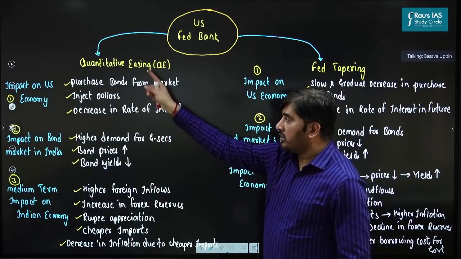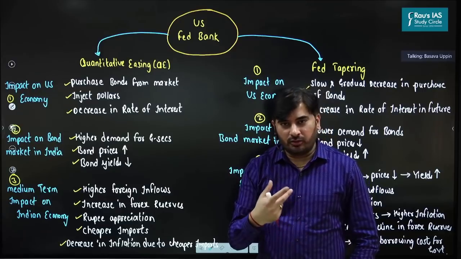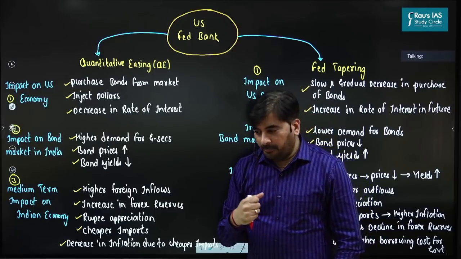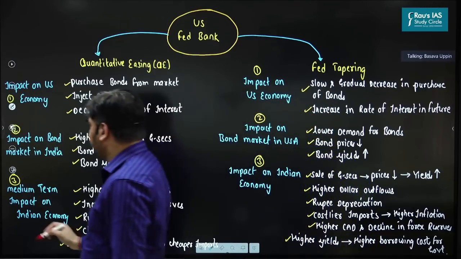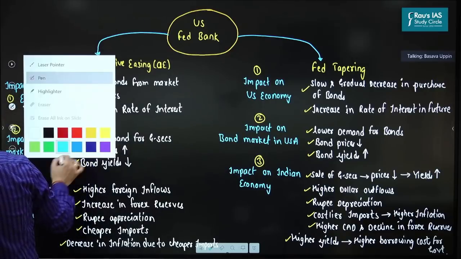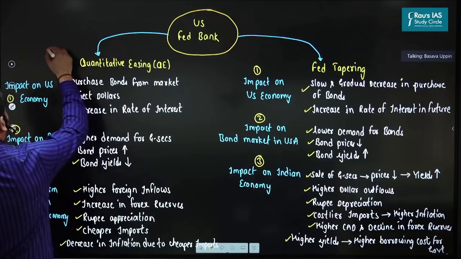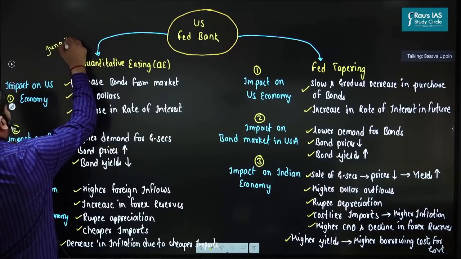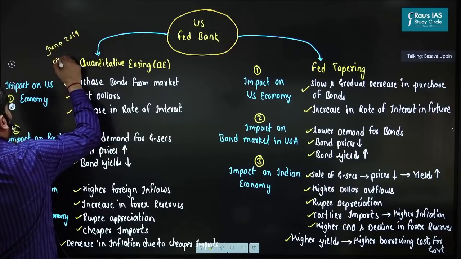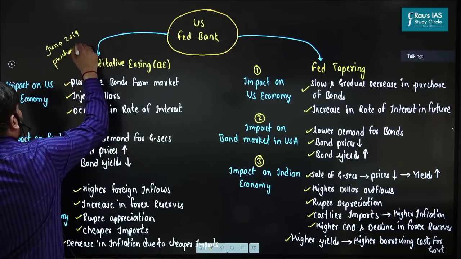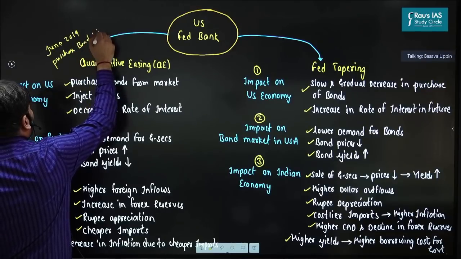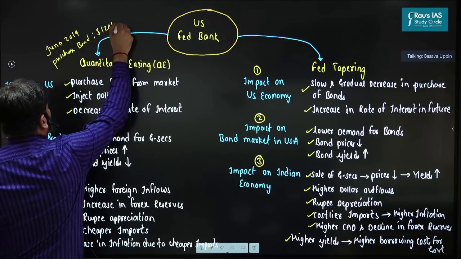Now let's say the US Fed Bank has adopted quantitative easing. As part of quantitative easing, the US Fed Bank, since June 2019, was purchasing bonds worth almost $120 billion every month.